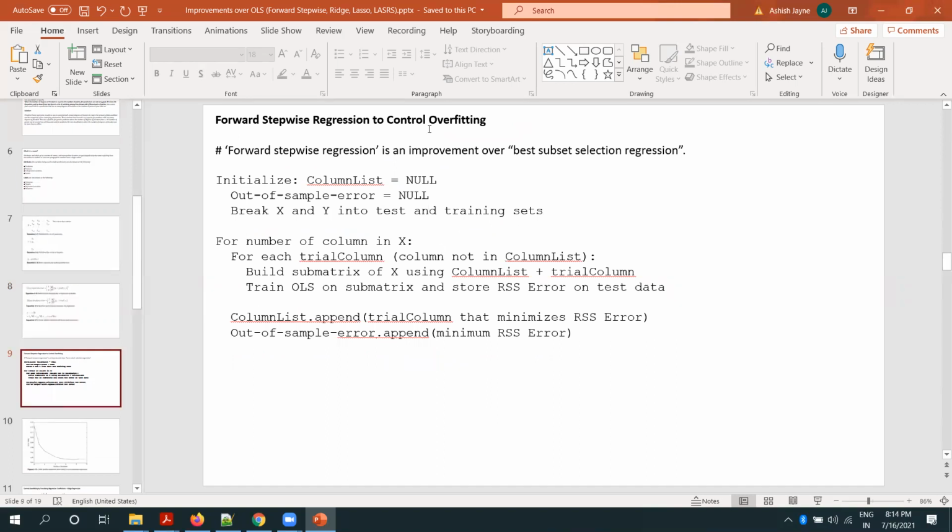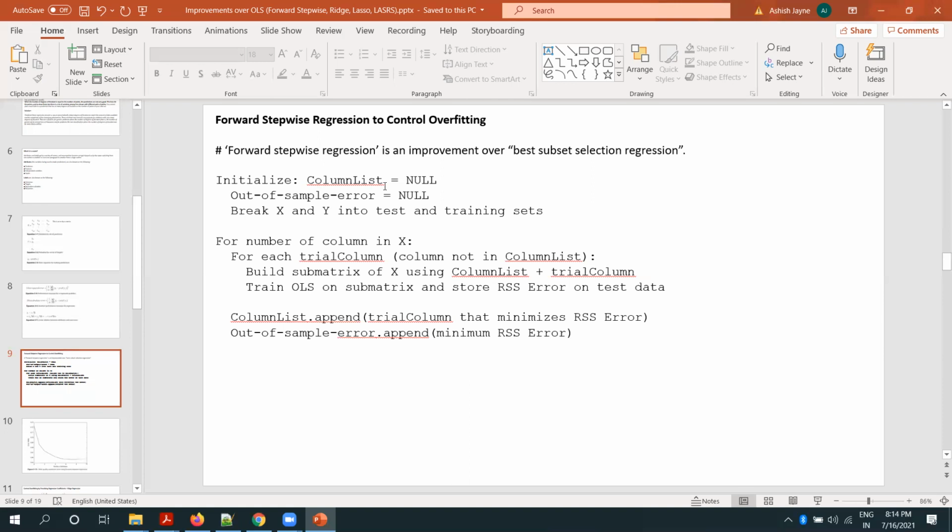Forward stepwise regression, what does it say? It's an algorithm which I would explain in plain English, and there shouldn't be too much problem in it. It helps us figure out which attributes are most relevant to our problem of predicting y.